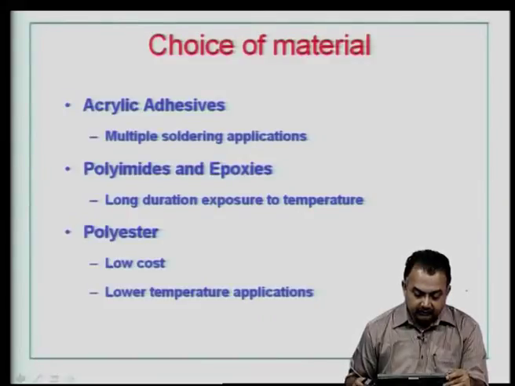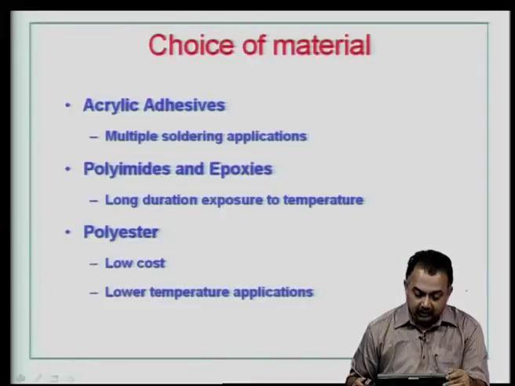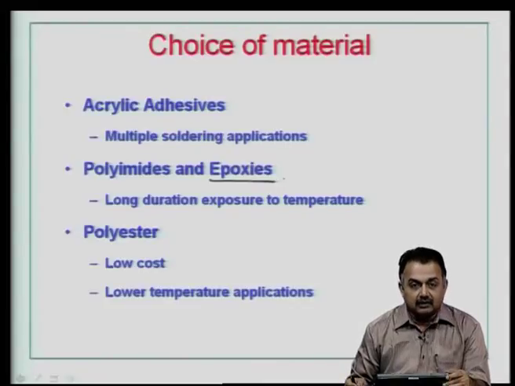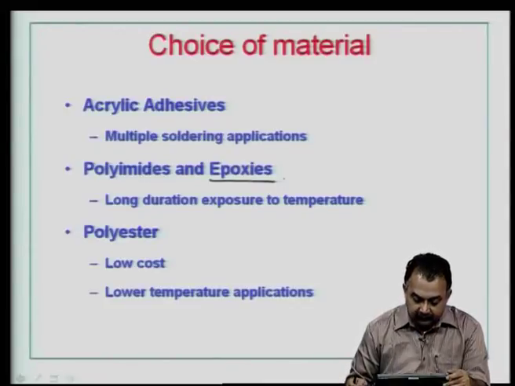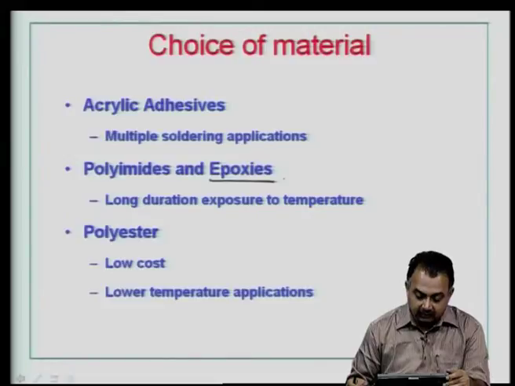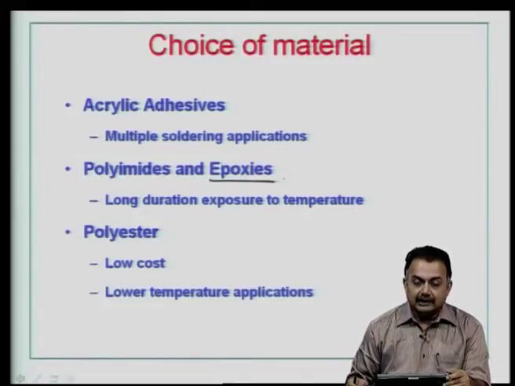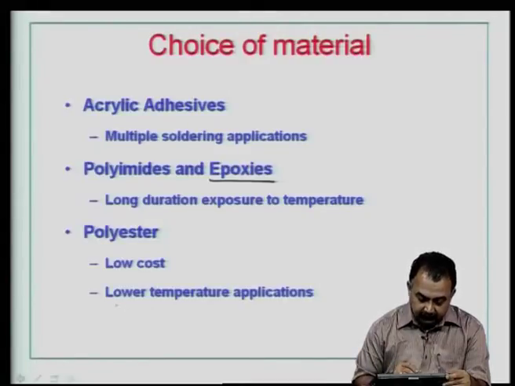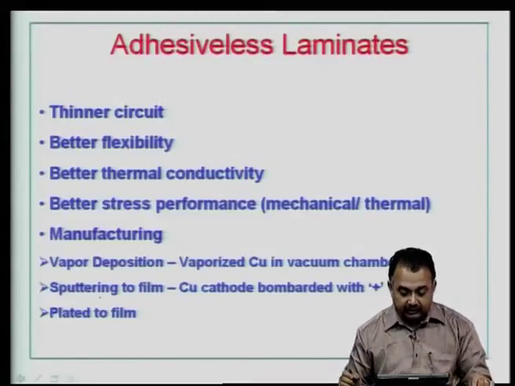Choice of material, acrylic adhesives ideal for multiple soldering applications, polyamides and epoxies. One would like to use epoxies because they are cost effective. Long duration exposure to temperature is possible, and you can see fewer defects with these kinds of materials. Polyester is low cost and used for low temperature applications.